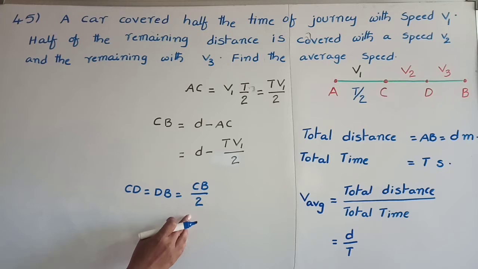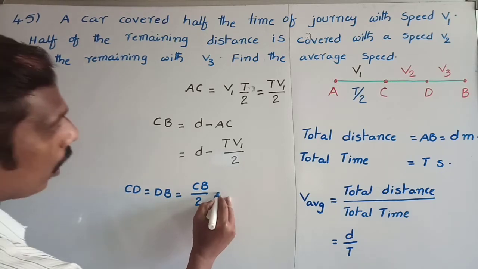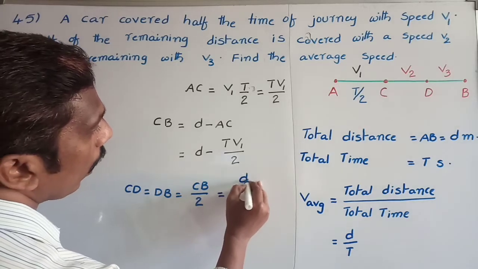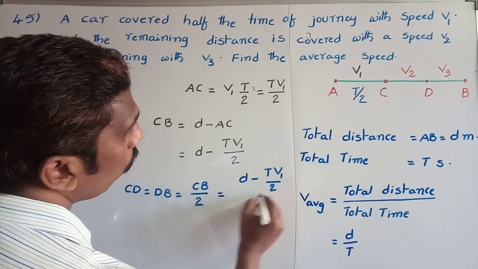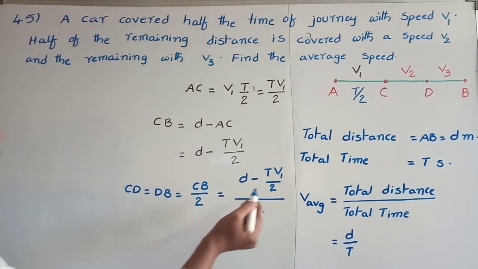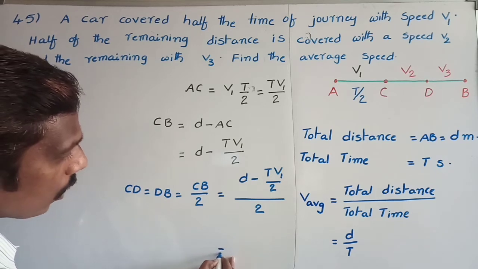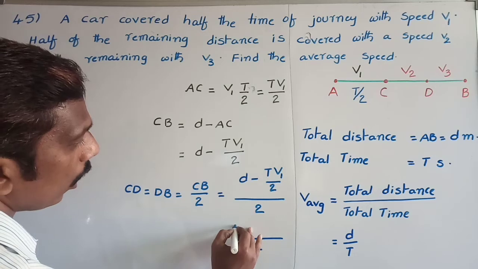That half, CD or BD, is equal to (d minus t v1 by 2) whole divided by 2. In the numerator, you take LCM. 2 is the LCM in the numerator.